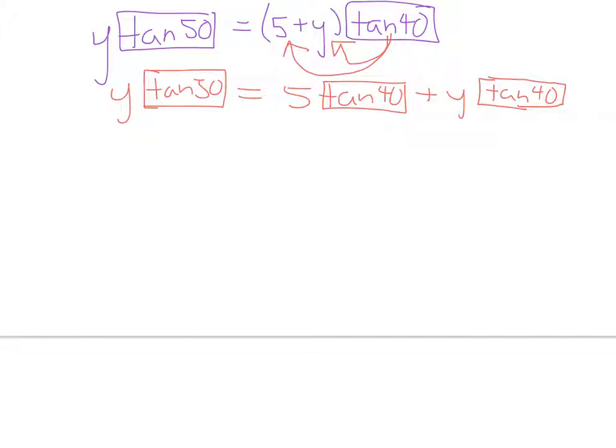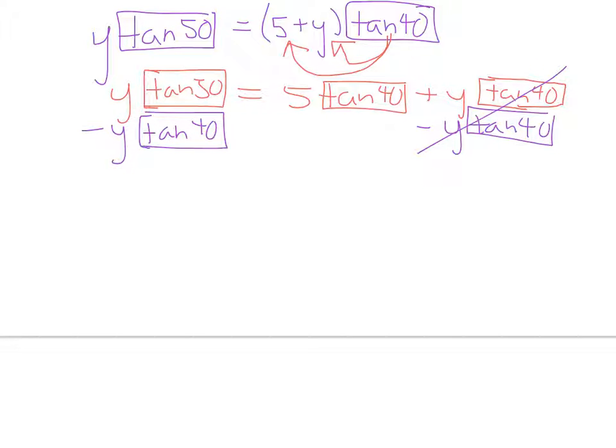So we could subtract y tangent of 40 from this side. That crosses this out. Whatever we do to one side, we have to do to the other. And if we think about combining like terms, those y's don't cross each other out. We're just combining them together.